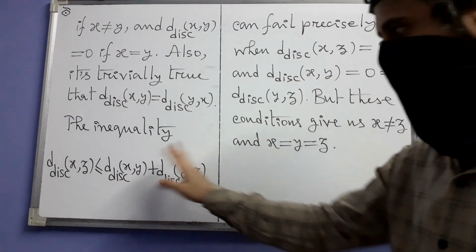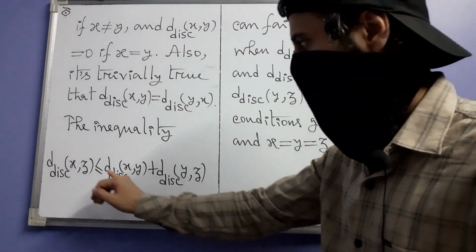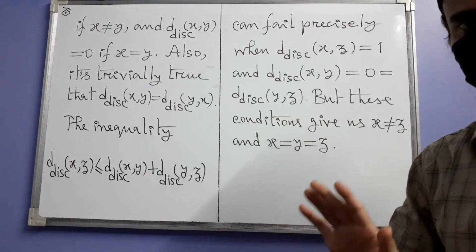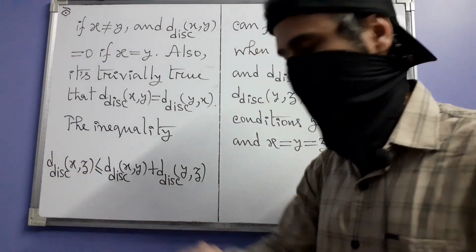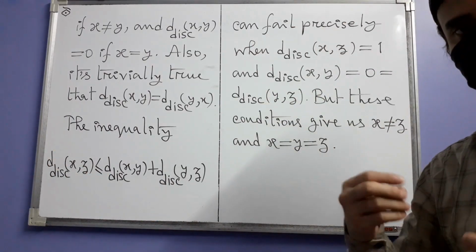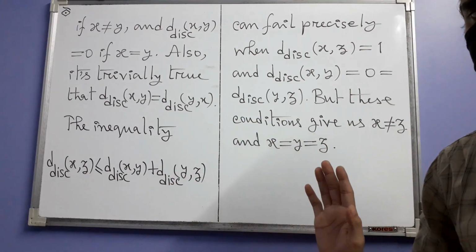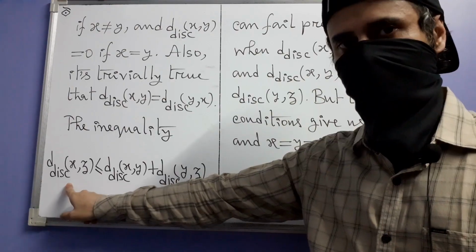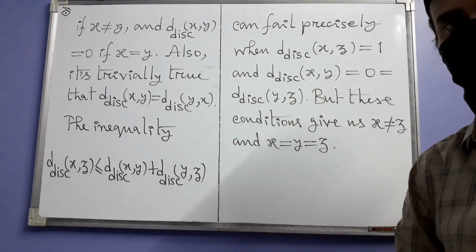Something here means you can have 0, 1, any combination you can have, because 0 after all is less than or equal to any non-negative real number. So that is why if the left hand side is 0, then the inequality is automatically true. Note that nothing is negative on this side.